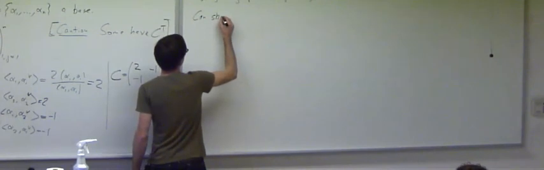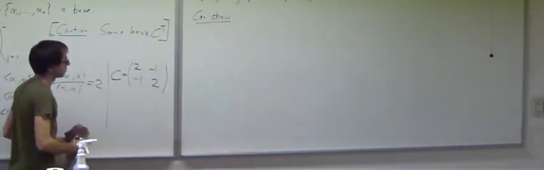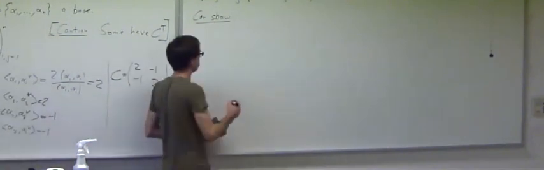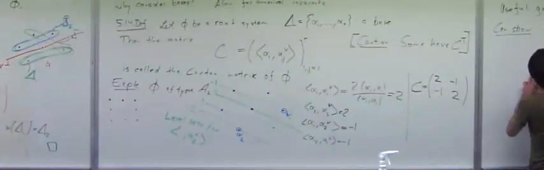So the first observation is that one can show that all Cartesian matrices will have the following properties. Say, let Cij be a Cartesian matrix.